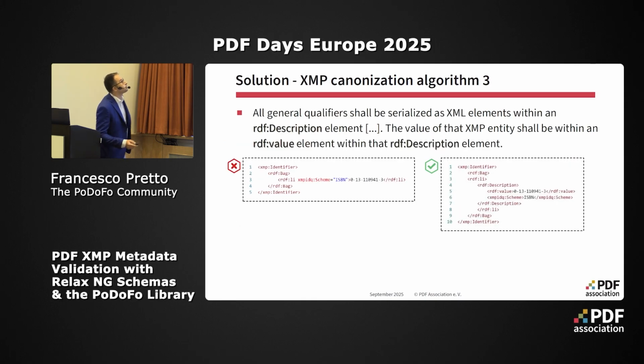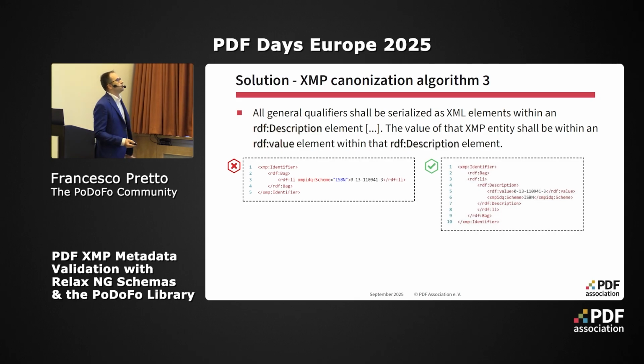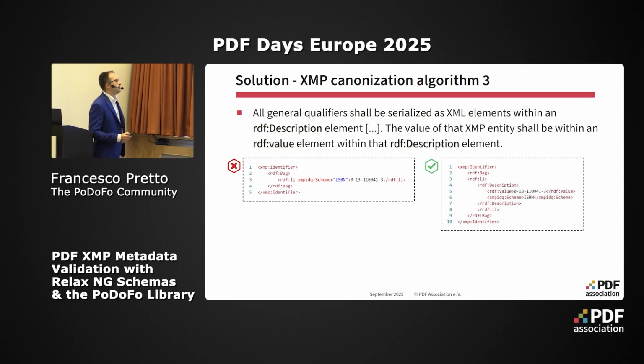And the last requirement is that qualifiers should be serialized as elements within an RDF description element. So qualifiers, again, you see this hate for the attribute notation. This XMP IDQ scheme attribute is a qualifier, and we don't want it to be expressed this way.